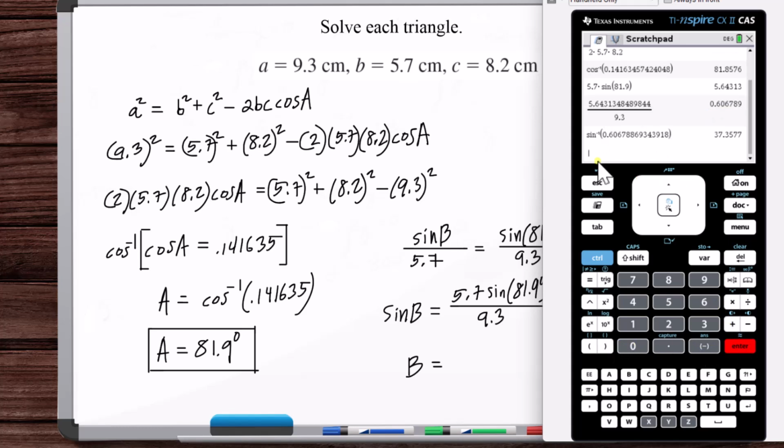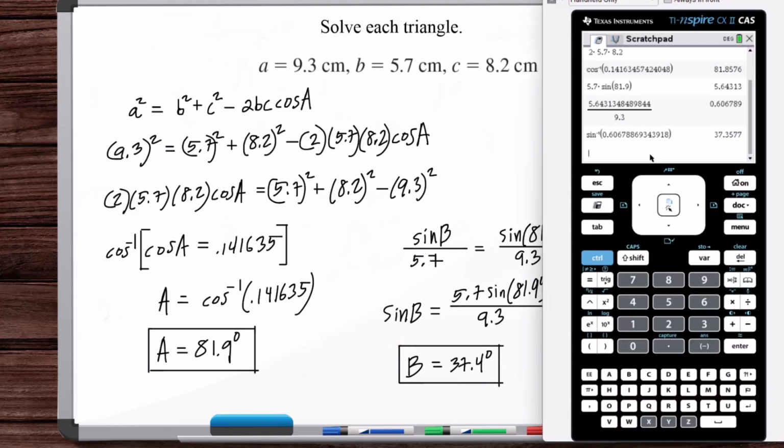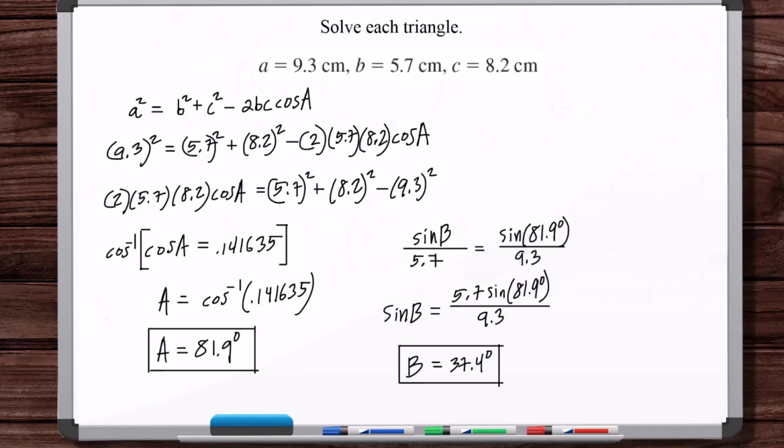And okay, but we're not going to consider the corresponding obtuse angle. So now add this and add this. Now subtract 180, and that's angle C, 60.8 degrees.